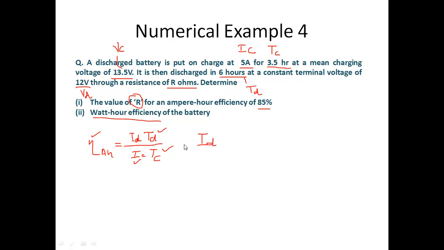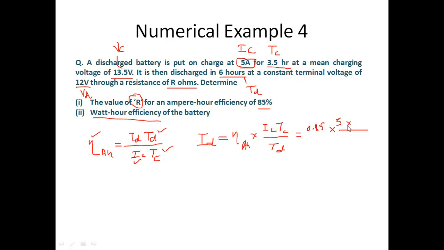So we can rearrange this equation and we will have eta AH into IC into TC divided by TD, and we can place the values. Eta AH is 85%, or we can use 0.85, into the charging current has been given as 5 ampere, so we will use 5.